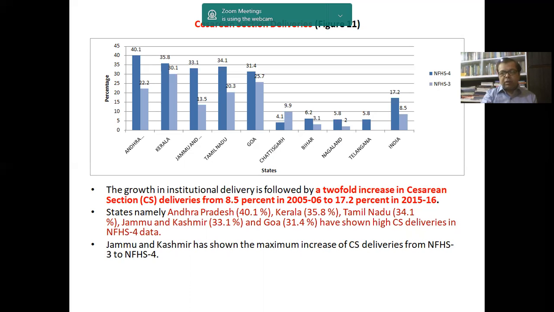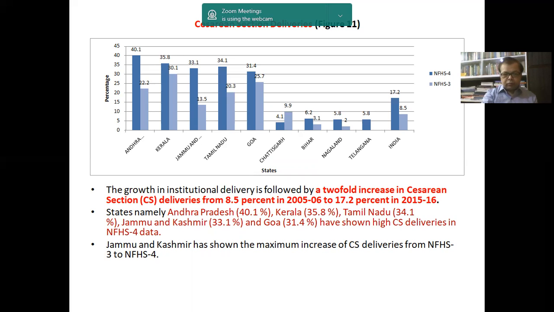And as per the WHO guidelines, in any population at any point of time, the required number of cesarean section deliveries because of medical reasons is supposed to be around 15%. But we can see that these percentages are much higher than the standard 15%.